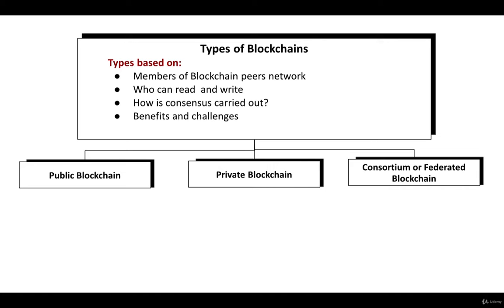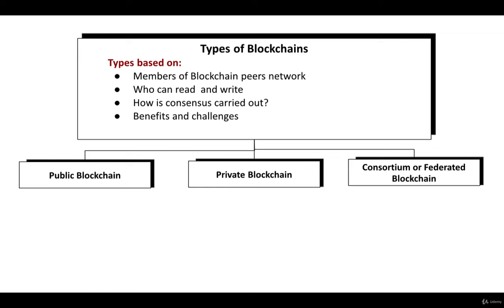Apart from that, what are the advantages of a public blockchain? So in a public blockchain, the major advantages, it is accessible to everybody and there is no third party verification required. There is no extra infrastructure cost because all the members or the peers can actually provide their own machines to store the data.